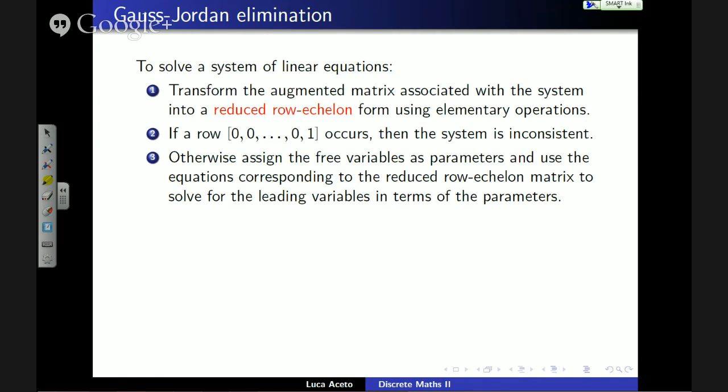Now you may say, okay, wait a minute, Luca. Before you said, if you have a row of the form all zeros, solid line, and then the constant is some non-zero number, then you're inconsistent. And now you're saying, or a row that is all zeros, 1. What if I have 35? You divide by 35, and then you make it a 1.